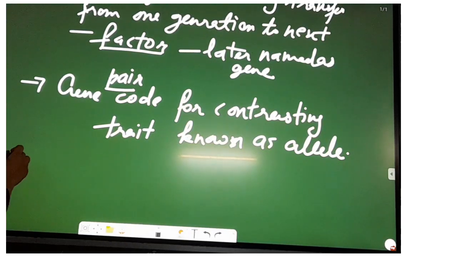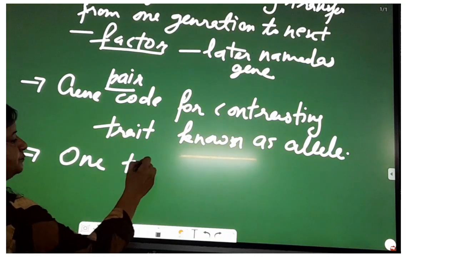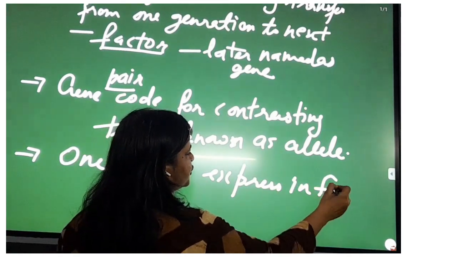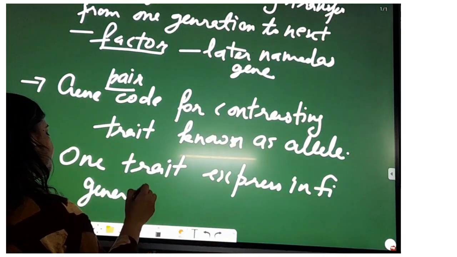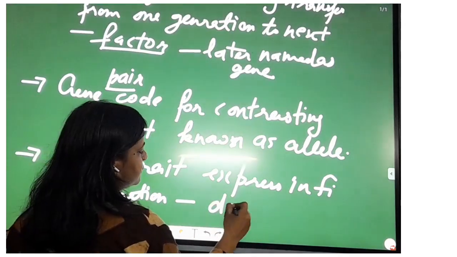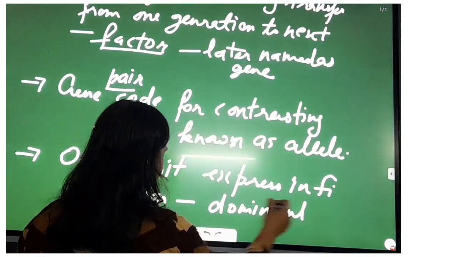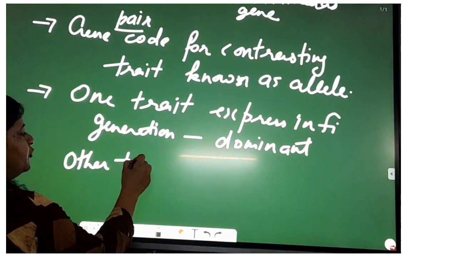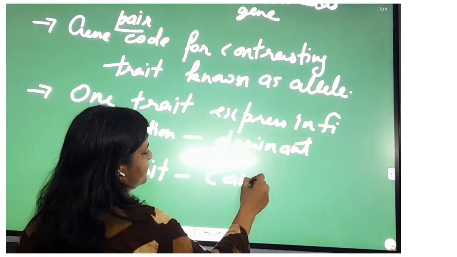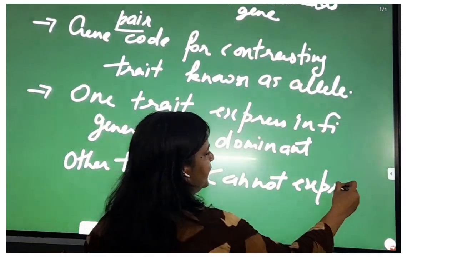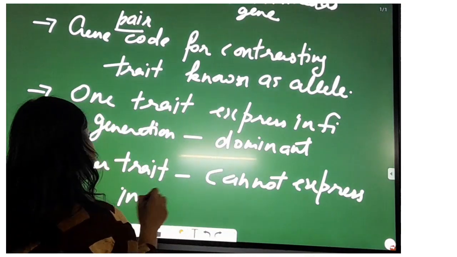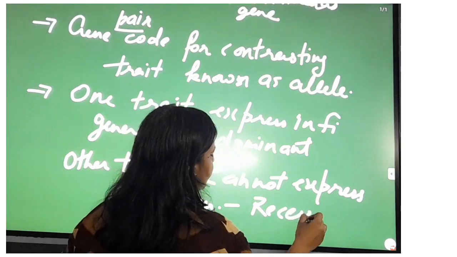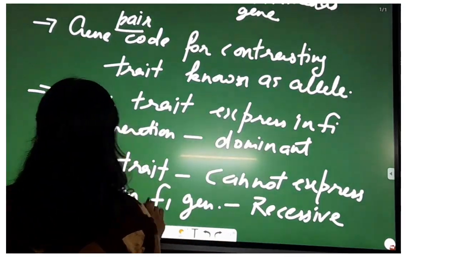Third, the one trait expressed in the F1 generation is known as dominant, while the other trait which cannot express in the F1 generation is recessive.